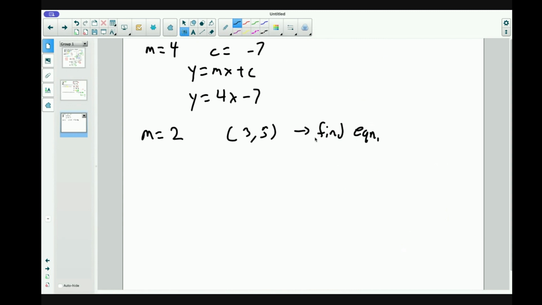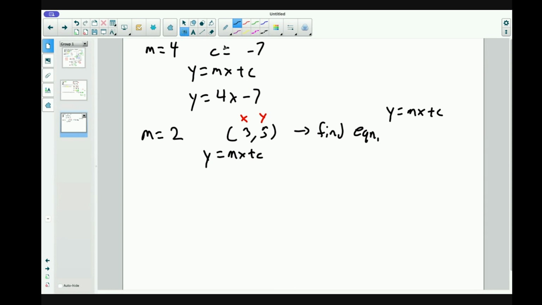We have our gradient and a point given to us. I'm going to label this as my x and my y, because remember, a coordinate or ordered pair always comes in x and y. We want to find this equation in y is equal to mx plus c, so I'm going to start with that: y is equal to mx plus c.